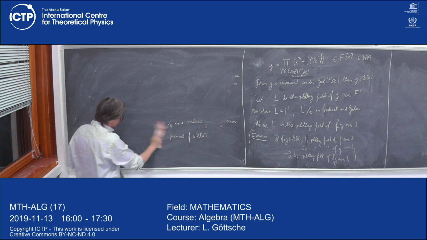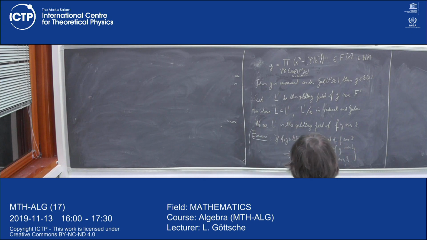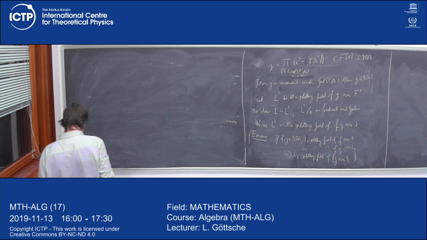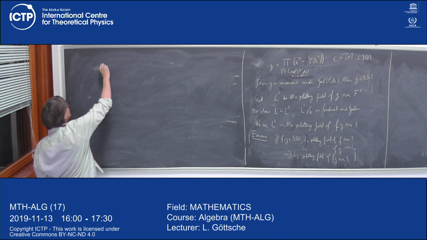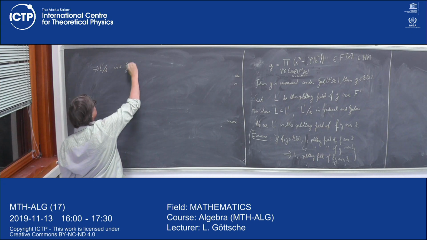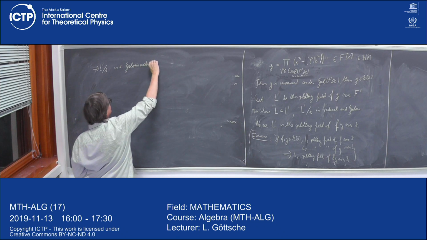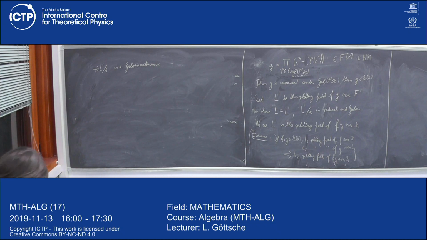So given this, therefore we have that L prime is the splitting field. Does it follow that L prime over k is a Galois extension? Because we're in characteristic 0, we only need normal, and it's a splitting field.